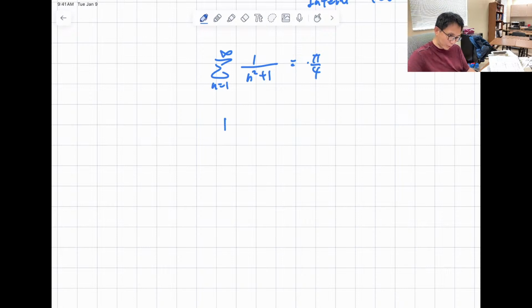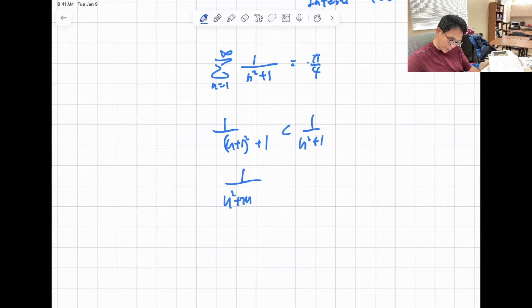You can prove that 1 over n squared plus 2n plus 2 is always going to be less than 1 over n squared plus 1. So n squared plus 1 is less than n squared plus 2n plus 2.